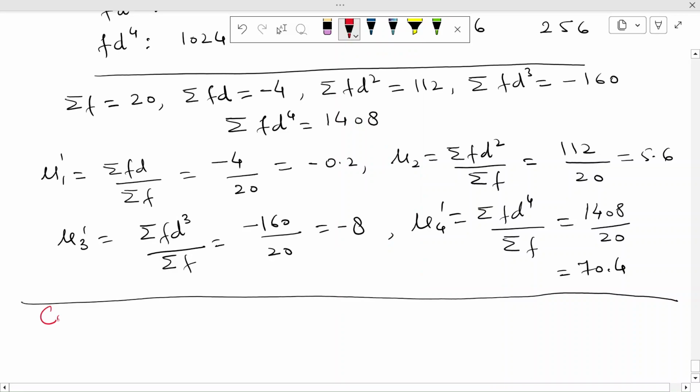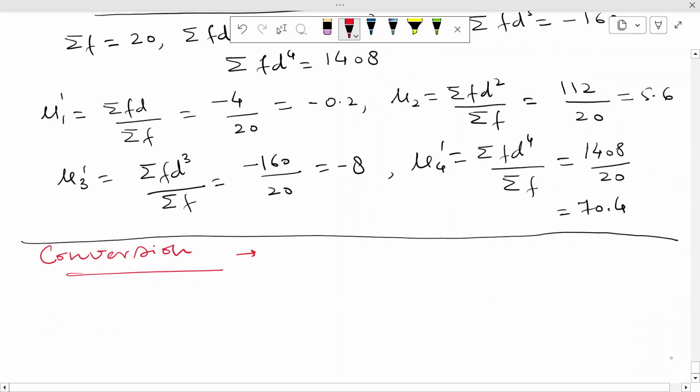So now we have the conversion. Conversion means we are converting these non-central moments into central moments. So our formula is mu2 equals mu2 dash minus mu1 dash square.